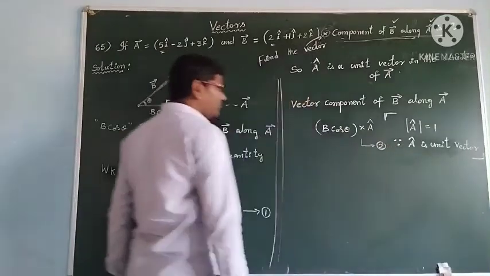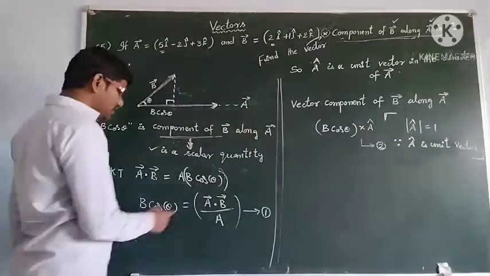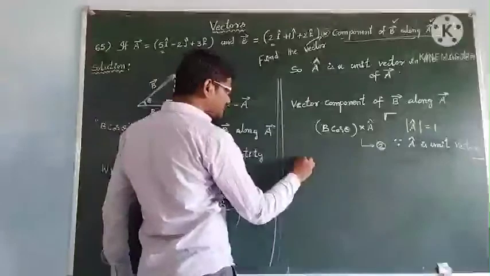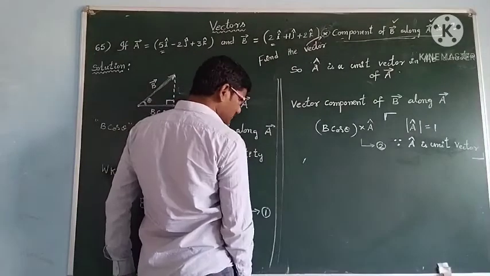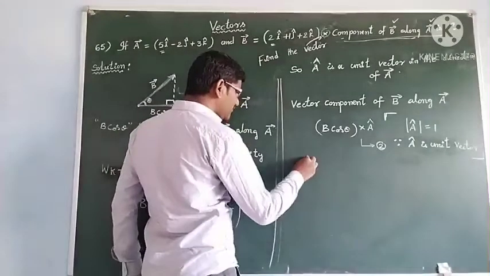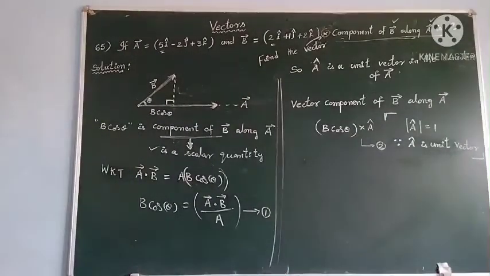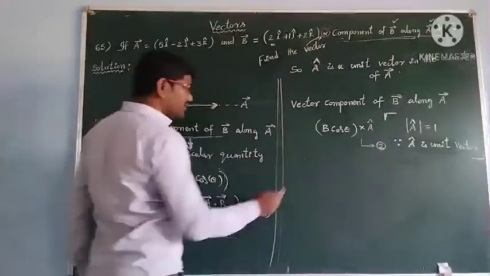From 1 and 2, this value is substituted here, so instead of B cos theta we can write this much value.